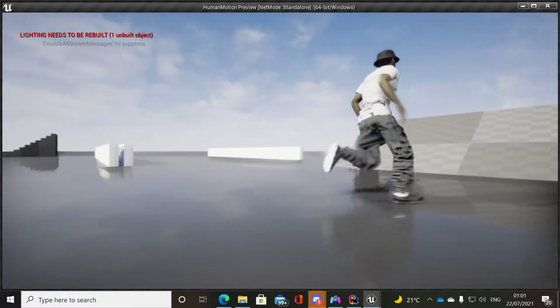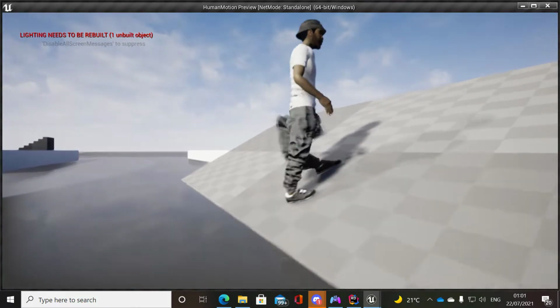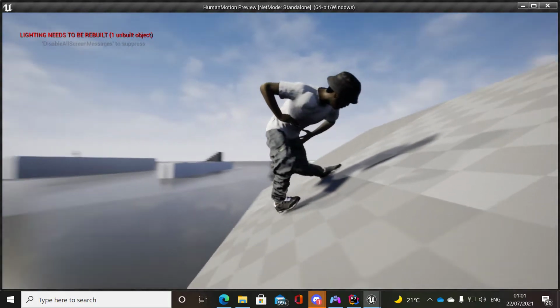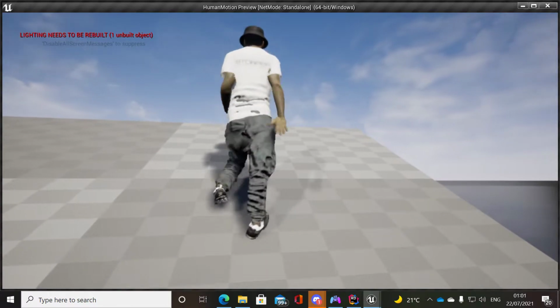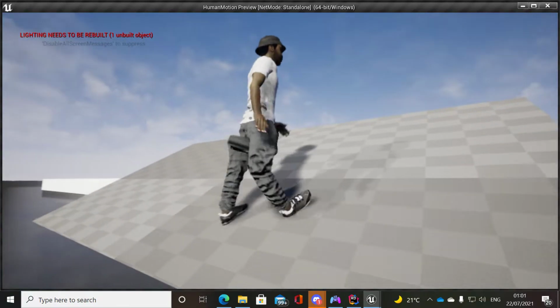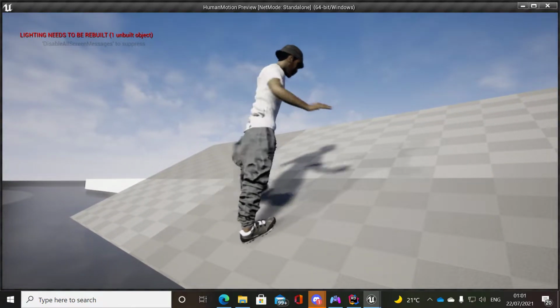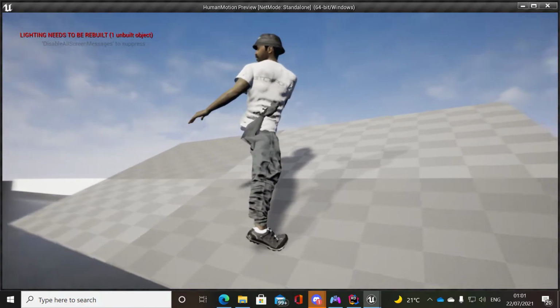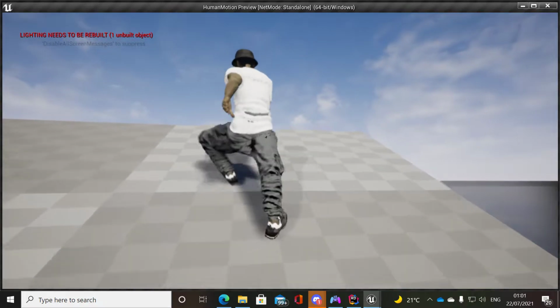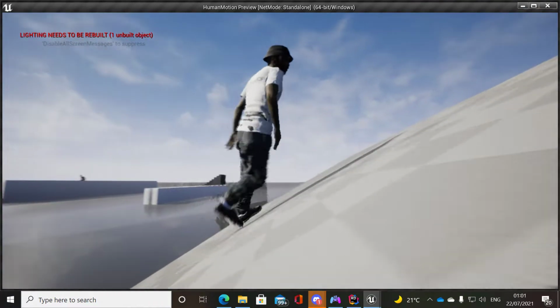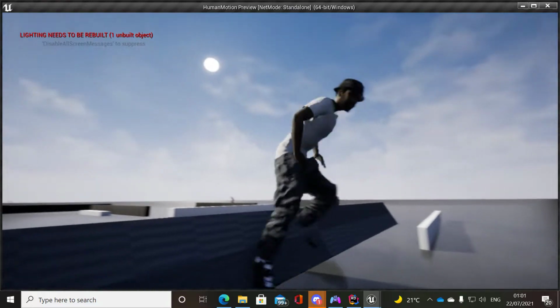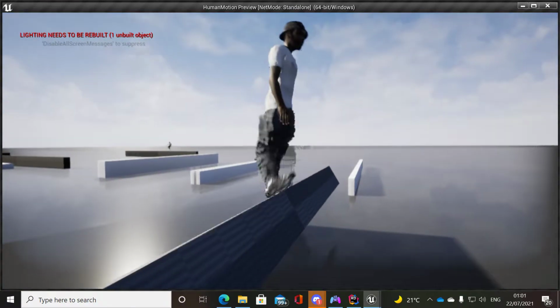Yeah, I'm not sure why it does that, the flick of the knee. That's crazy. Yeah, you need to be quite careful.